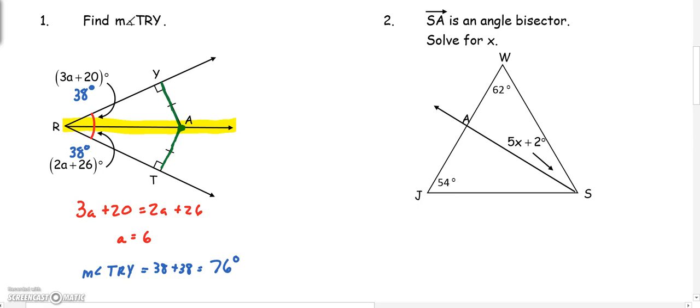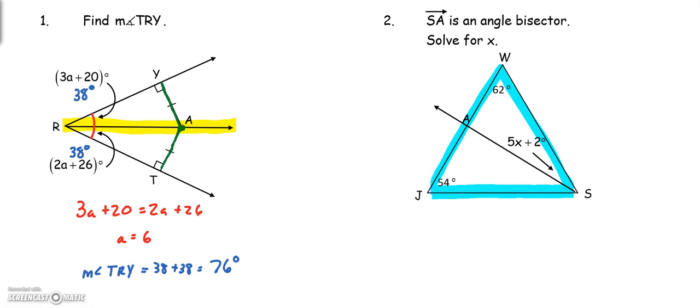In number 2, we have this large triangle JWS, and we are told that SA is an angle bisector. We know that in a triangle, in my blue triangle, all the angles together equal 180. So I can find the measure of my missing angle by subtracting the two angles I know.